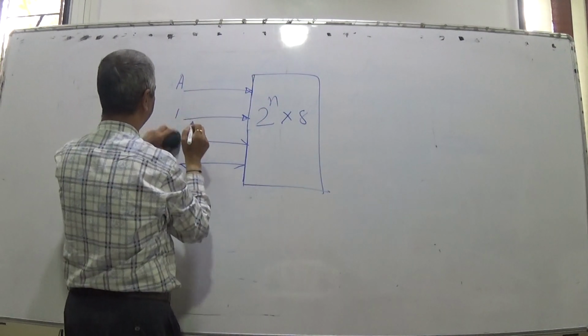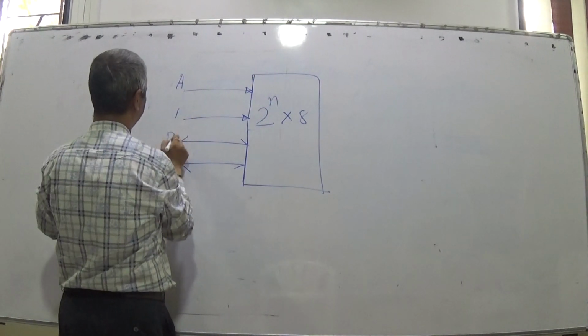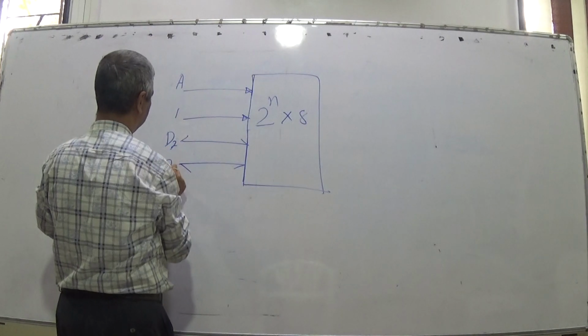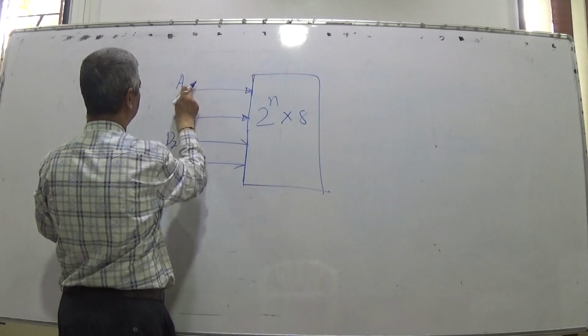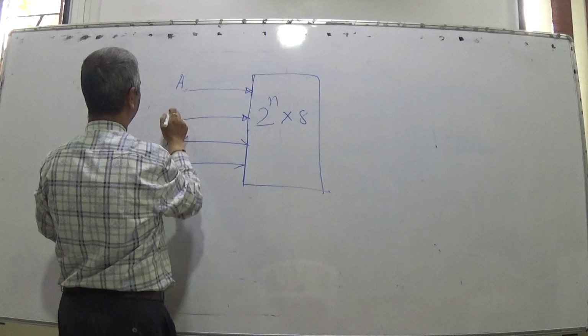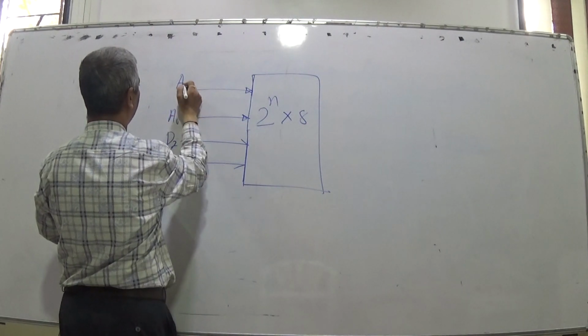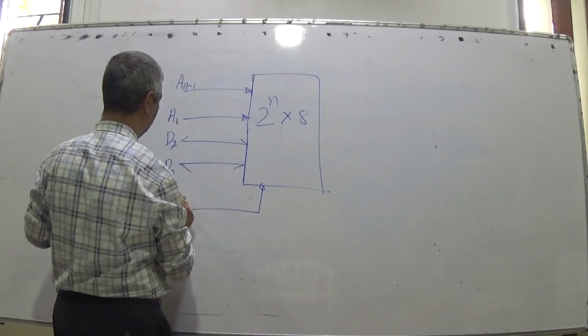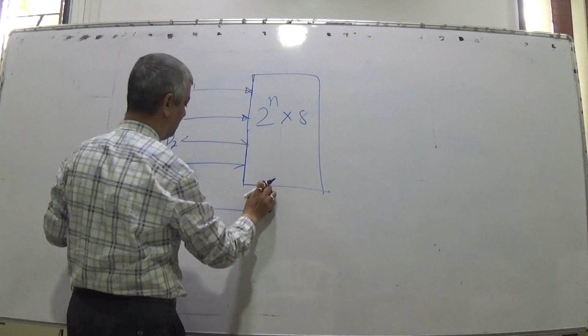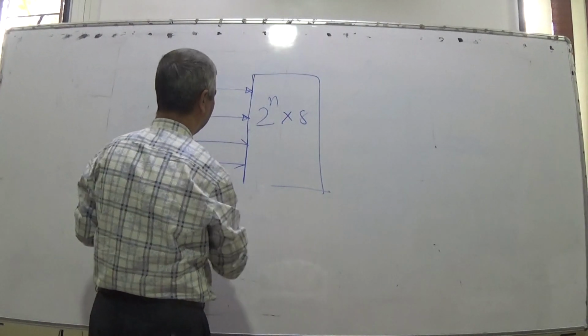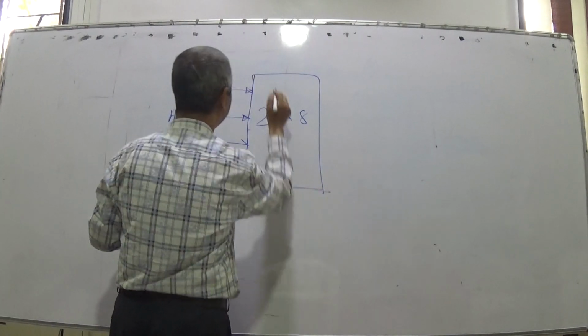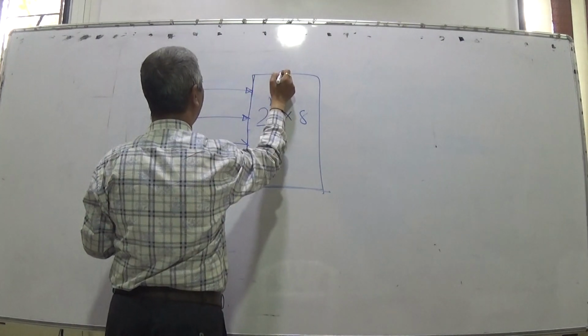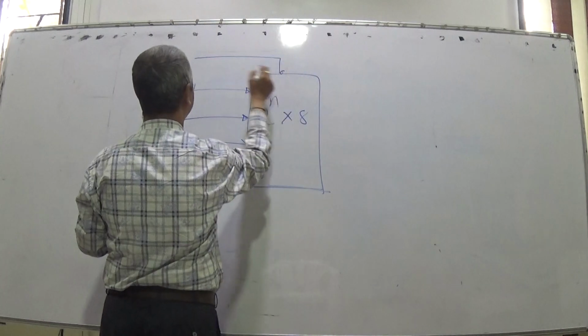So D7 to D0, A0 to A n minus 1, and then 1 chip select bar. It is better, just a convention, chip select bar you show at the top. So you select this.